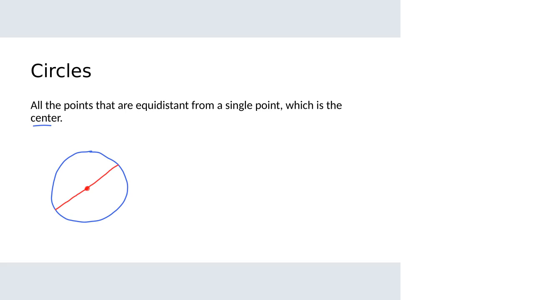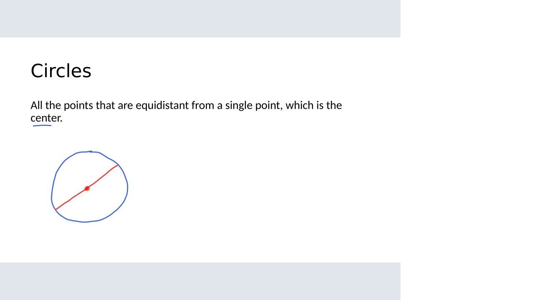What would we call that line right there? Like I said, it's okay if you don't remember, but if you do, it's a chance for you to share that with us a little bit.